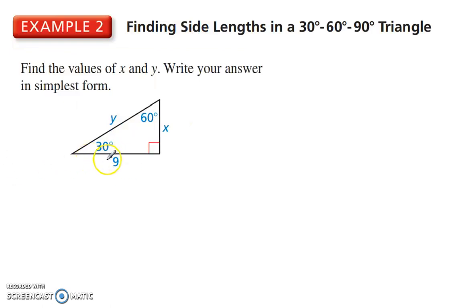So here we know the longer leg, so they're making this a little bit uncomfortable for us. But it's okay, we can figure this out. We want to find x and y. We know this is a 30, 60, 90, and that the longer leg is the shorter leg times radical 3. Let's write it out first.